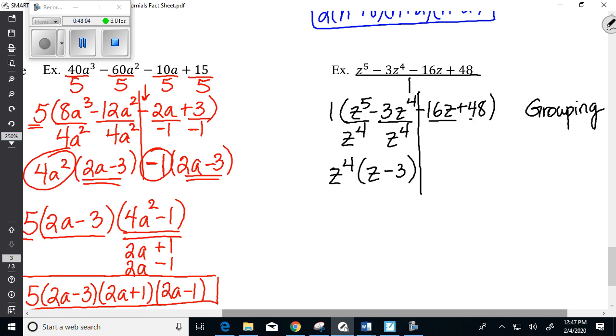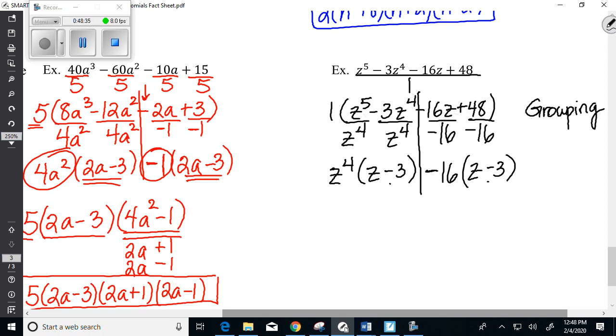You can take out a negative since it started with a negative. 16 and 48. Again, make sure you get the biggest number, otherwise you're going to be doing this multiple times. Take out a 16. So if you take out the 16, you're left with z minus 3. Their parentheses matched, so you did everything correctly.